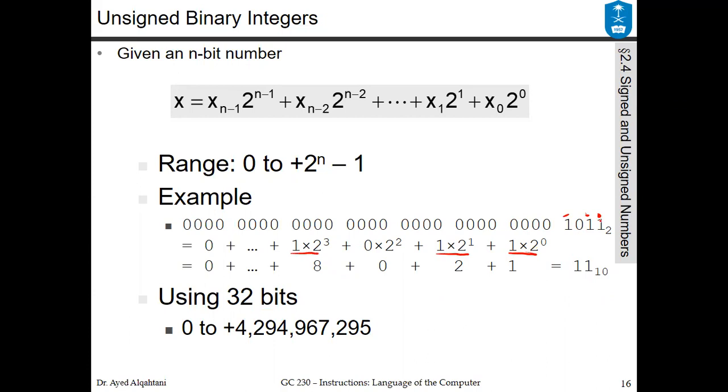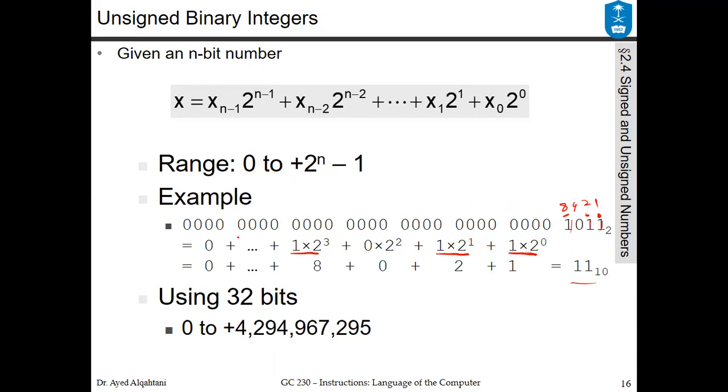These have the weights of 1, 2, 4, 8, and continue in powers of 2: 16, 32, 64, 128, 256, 512, 1024, and so on. So for this one, we add 1, 2, and 8, because we have 1 and 1 and 1 here, and the result is going to be 11.